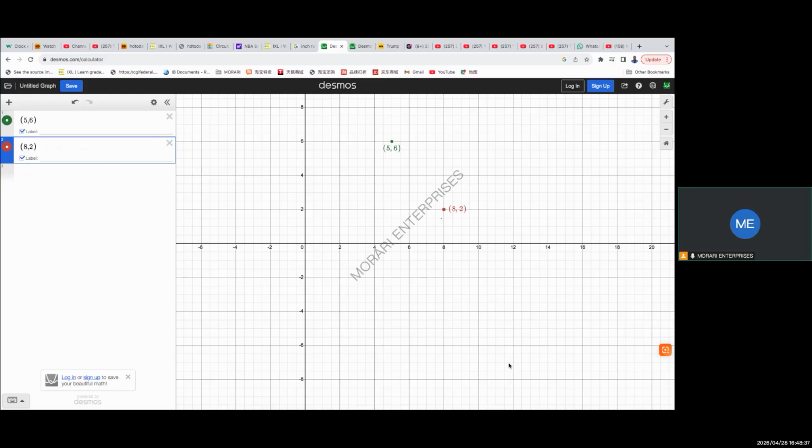Now this is very useful. This is where you have to pay attention. Are you there? Pay attention. So this is 5i, 6j, and then this other one is 8i, 2j.